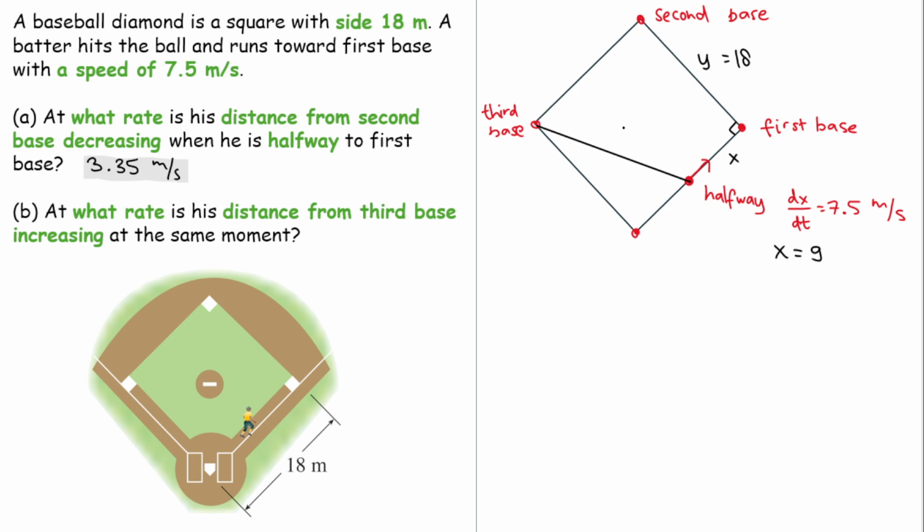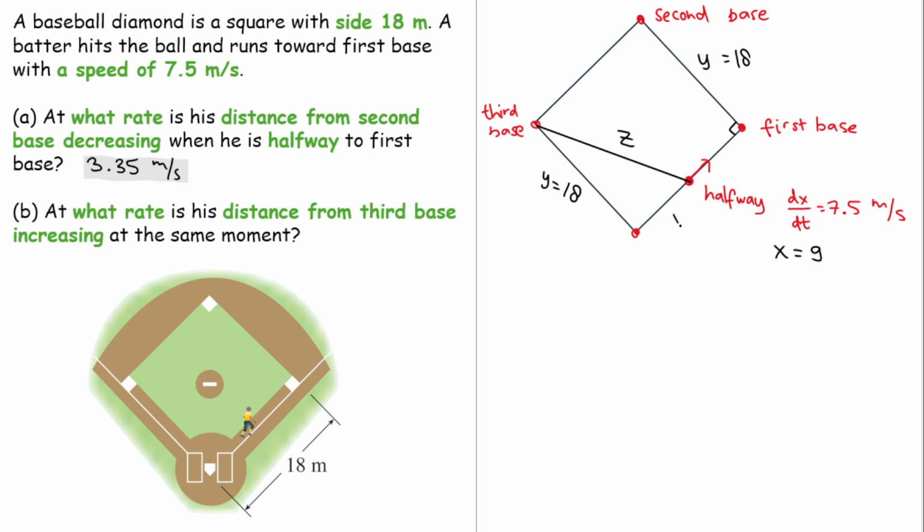And then this is the distance that we are looking for. And again, because this is a constant, we know that this y here is also 18, right? And then we need to find out what is dz over dt. We can still use the same y, right? Because this time we use not this x, but this x here.